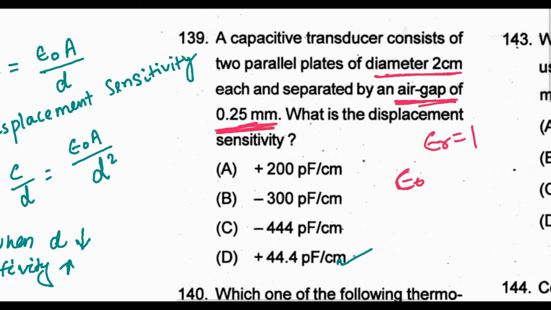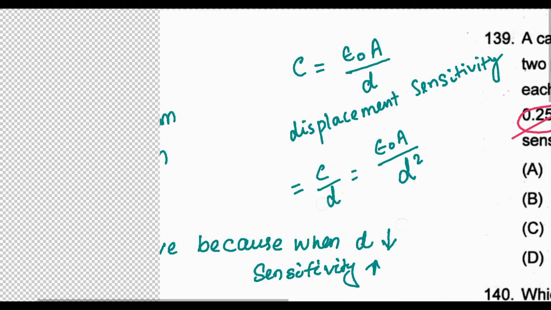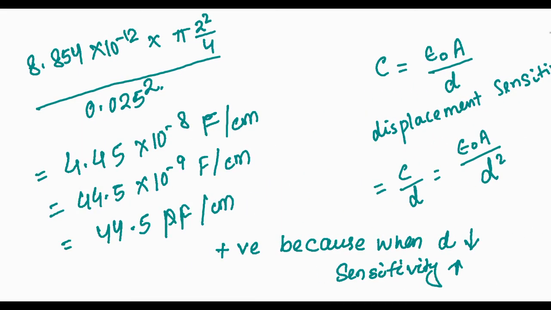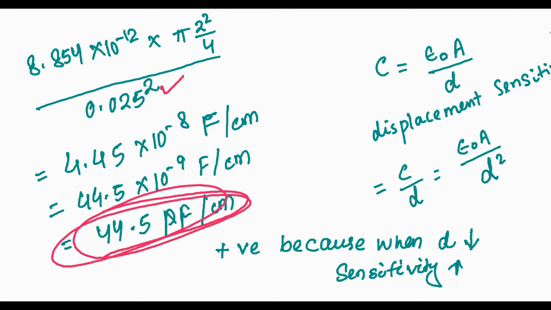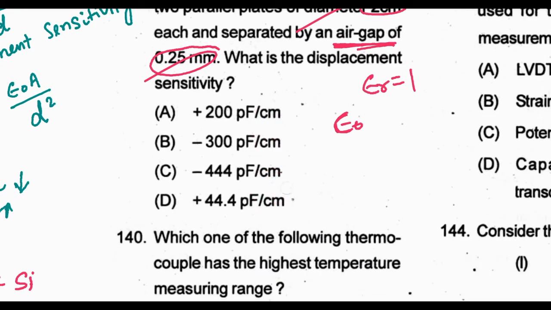D is given in mm, and here the diameter is given in cm, and the options are given in cm, so we will convert this to centimeter. 0.25 mm is equal to 0.025 centimeter, and if we take the square and finalize the result, 4.45 into 10 to the power minus 9 farad per centimeter, and this is coming to be 44.5 picofarad per centimeter. Here is the answer. Option D is the correct answer.